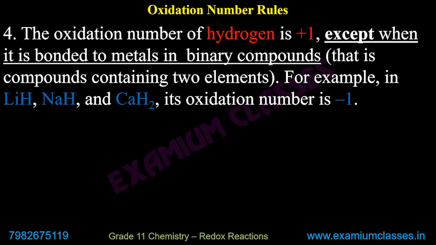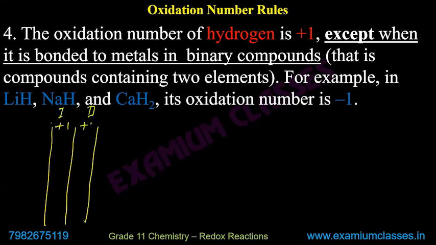Now, the oxidation number of hydrogen is +1 normally, except when it is bonded to metals in binary compounds, that is, compounds with group 1 and group 2 elements. And there is a reason again. We know that group 1 and group 2 elements will always have +1 and +2 oxidation state.